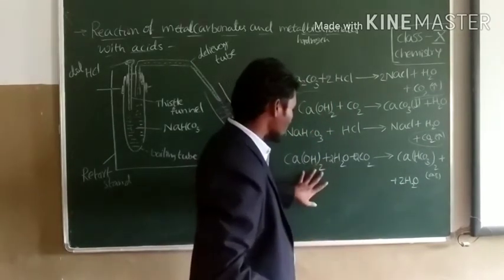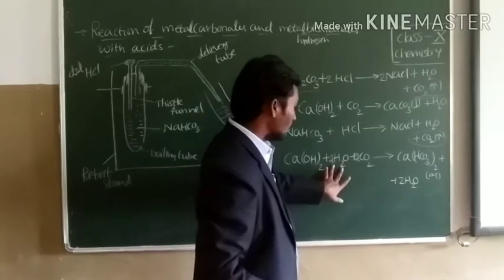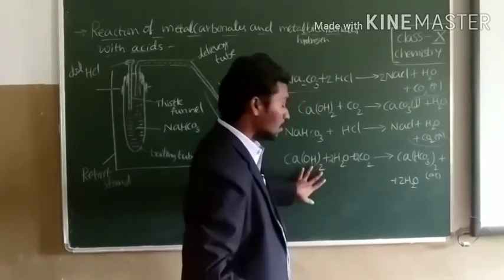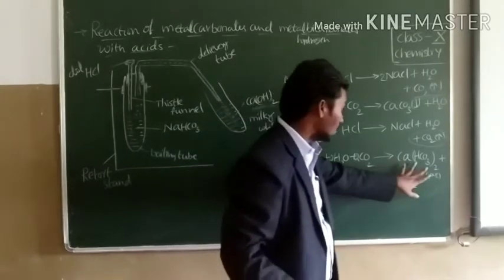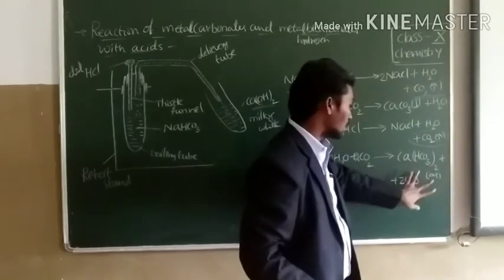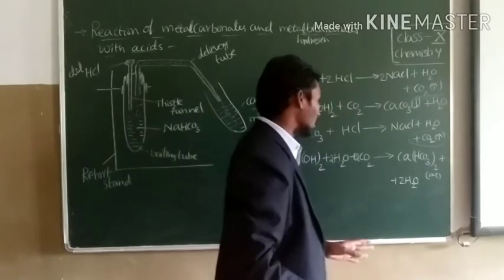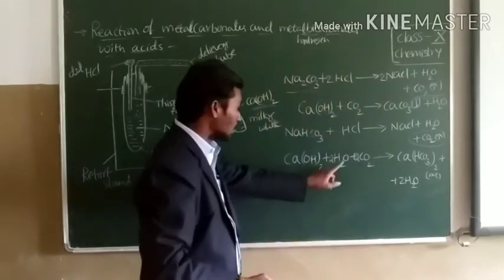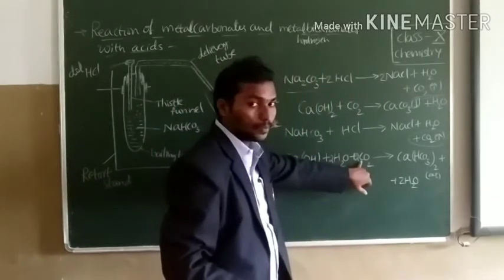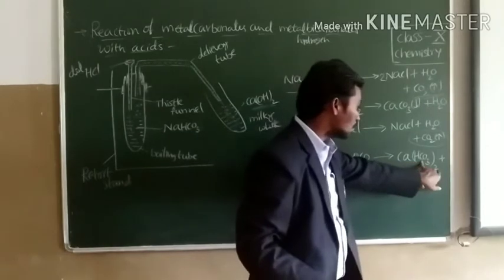Next hydrogen atoms: here 2, here 4 plus 2, 6 hydrogen atoms. Next carbon atoms: 2 carbon atoms here and here C2, 2 carbon atoms.